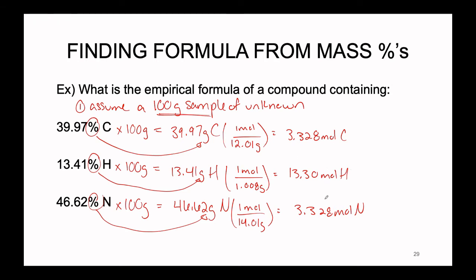We are working with numbers of things, not just what they weigh, but how many of them there are. Like using Avogadro's number, we could even push this one step further to figure out exactly how many atoms we're working with, but that's kind of unnecessary based off of the fact that we're just looking for ratios here, right? We're not actually trying to find numbers of atoms. We're trying to find how many carbon atoms there are relative to how many hydrogen atoms there are relative to how many nitrogen atoms there are.